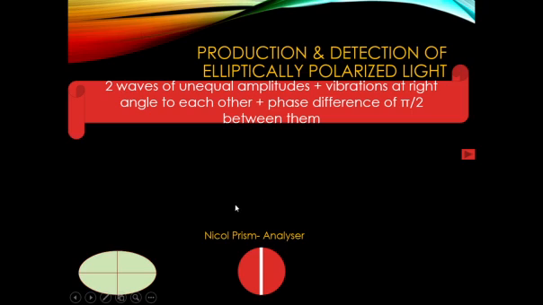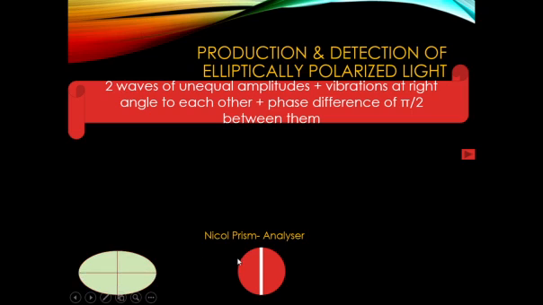Now you have produced the elliptically polarized light, how do you analyze such an elliptically polarized light? So imagine this is the elliptically polarized light. The tip of the resultant vector will be moving in an elliptical way. So we can see that there is one axis which has the least diameter and the other axis which has maximum amplitude.